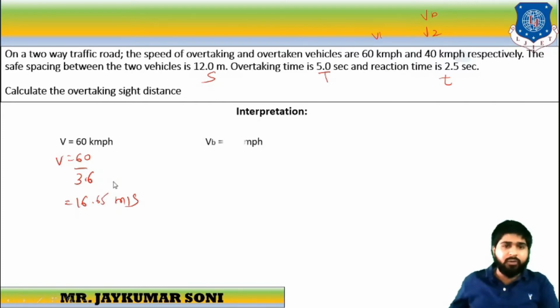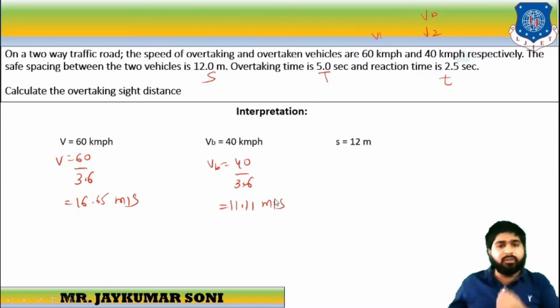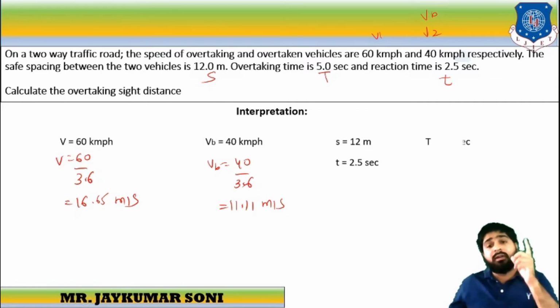Now we have the value of VB as 40 kmph, so it will be 40 by 3.6, which is 11.11 meter per second. Now we have the value of S, we have the value of t as 2.5, we will assume the value of a as 0.99 if required, and we have capital T as 5 seconds.